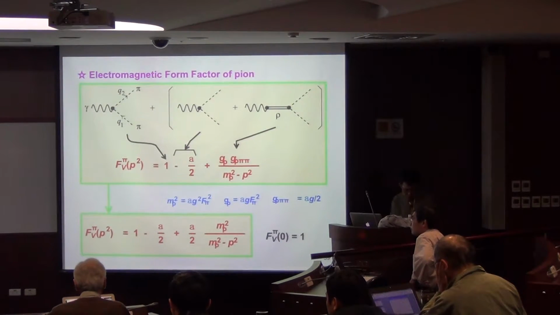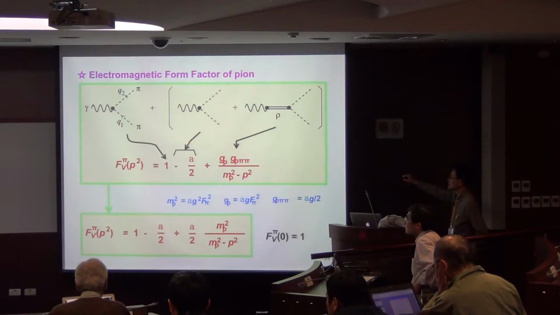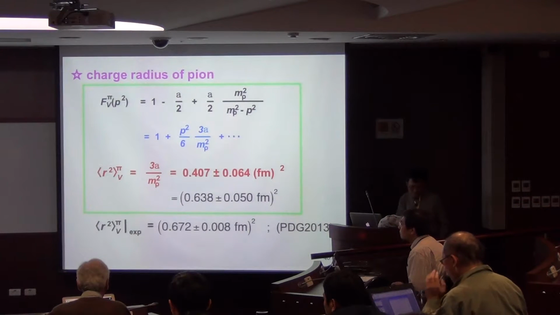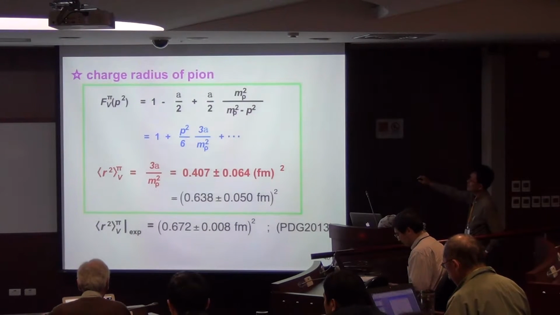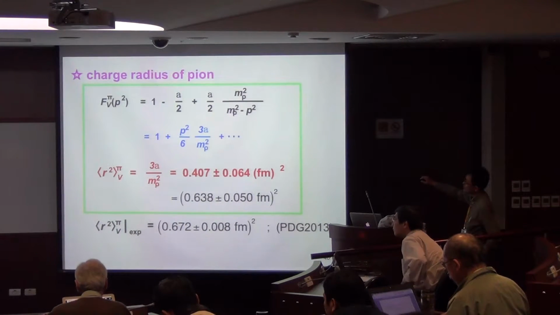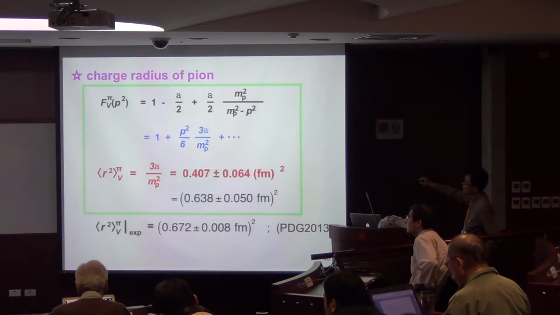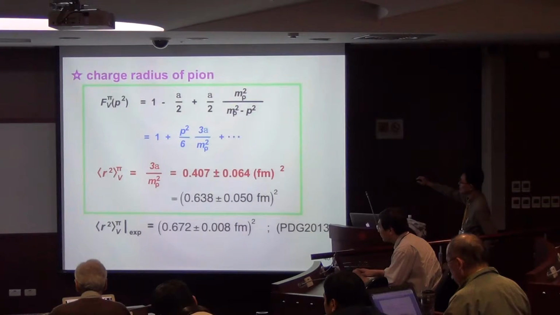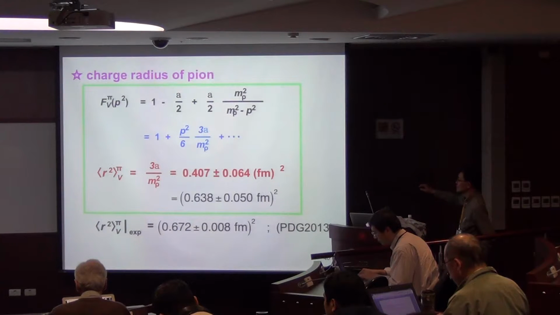But this is a kind of prediction, because the electromagnetic form factor of the pion is calculated in this way. Then you can calculate the charge radius by taking the low energy limit of this form factor. The charge radius is defined as the coefficient of p squared divided by 6. Then the charge radius of the pion is 3.8 over m squared.